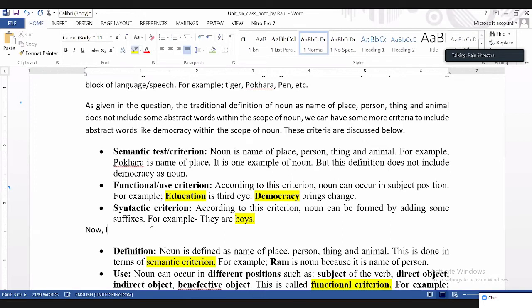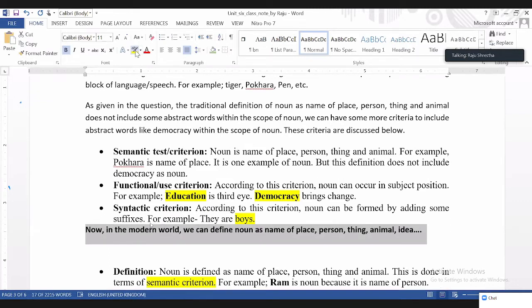Now in the modern world we can define noun as name of place, person, thing, animal, idea. We have to modify it by adding idea. Then democracy, education, beauty, love are also nouns within the scope of this definition. Once we say idea, that comes in.